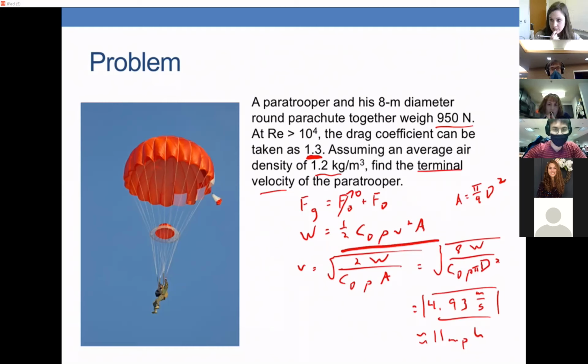It increases the area. It'll change the drag coefficient a little bit, but most importantly, it'll get you a really big area. So you're falling at terminal velocity, you let that go, your drag force suddenly shoots up much bigger, which means you will accelerate up a little bit and that will slow you down.